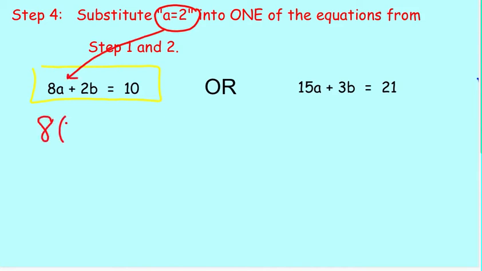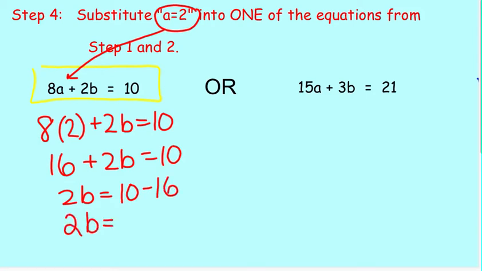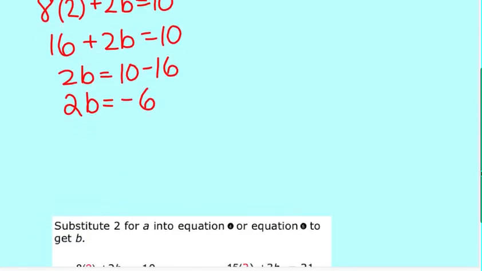So 8, replace the a with 2, and then everything else stays the same. 8 times 2 is 16. 2b equals 10. Subtract 16 from both sides. Combine like terms on the right: 10 minus 16 is negative 6. And then divide both sides by 2, and you get b equals negative 3.